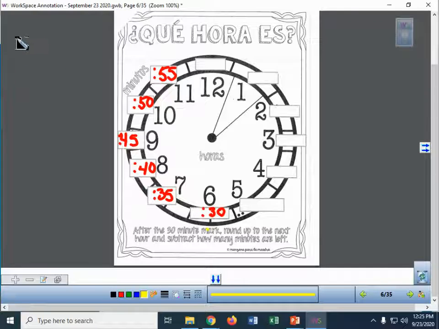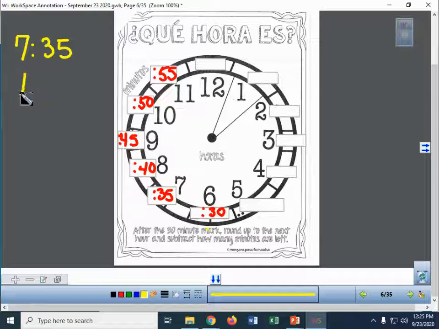Now I'm going to use the word minus. I'm not working with y, I'm working with menos, because past the 30-minute mark, we use menos when we tell time.